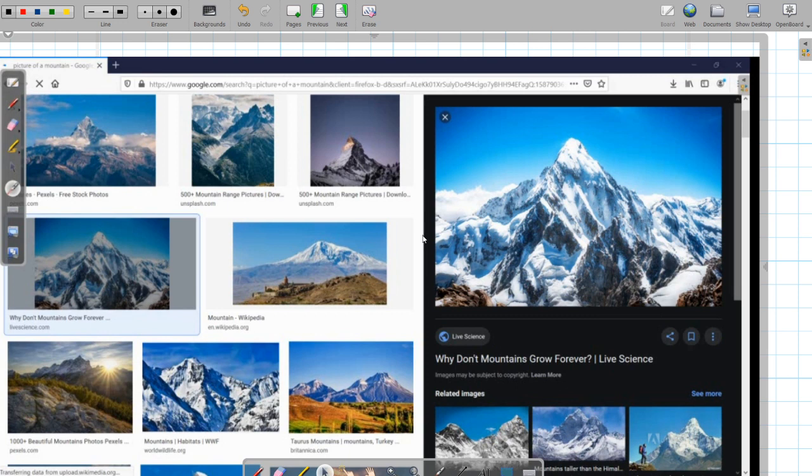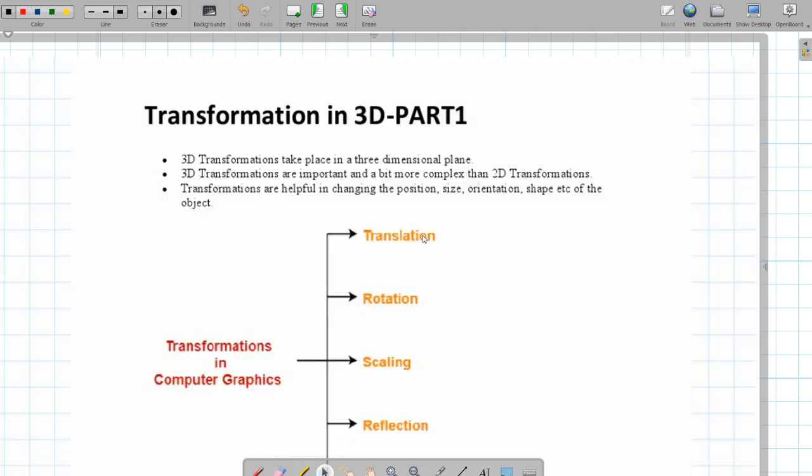But when you look at the picture of the mountain, it gives you a sense of three dimensions because we ourselves live in three-dimensional space. So it is critically important to understand the three-dimensional coordinate system and the three-dimensional representation of objects. However, as there is one extra coordinate involved, things are going to be a bit more complex than 2D transformations.